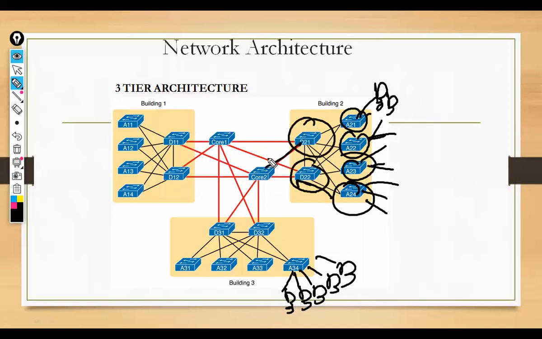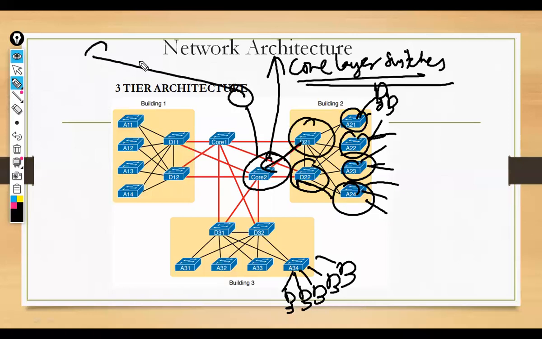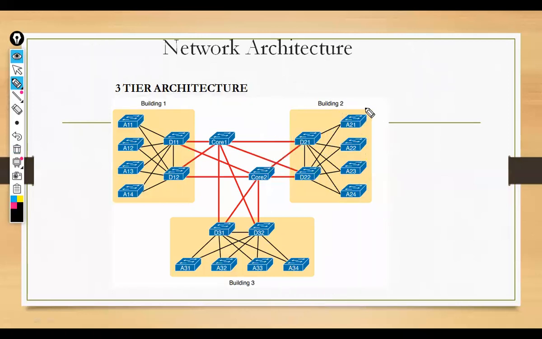From the distribution layer switch, it is connected to another layer called core layer switches. From the core layer, it is connected to the router and then to the external world. So this is the 3-tier architecture, meaning we have 3 layers of switches: the access layer switch, then the distribution layer switch, then the core layer switch.